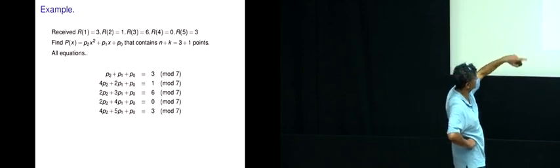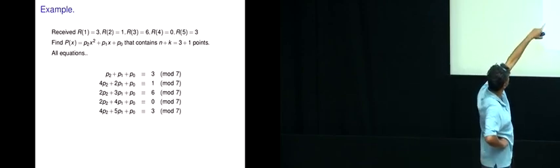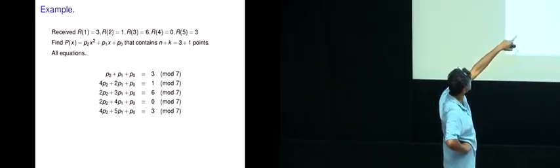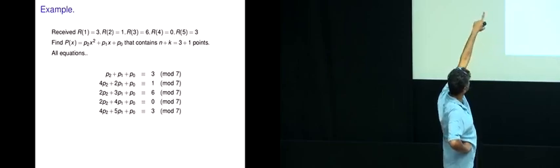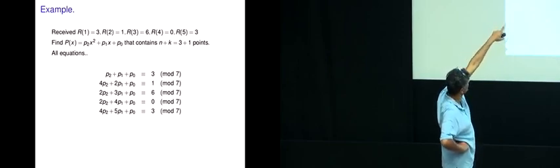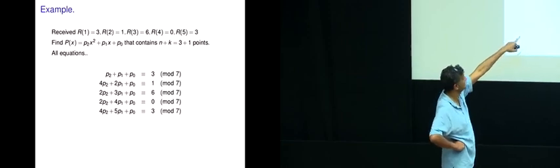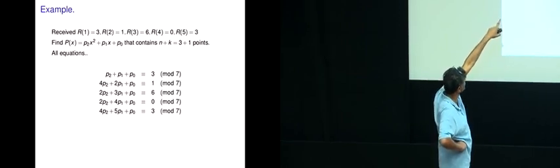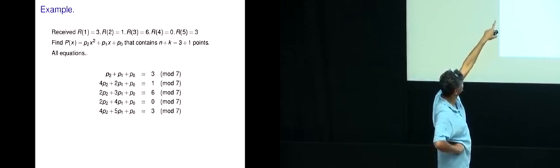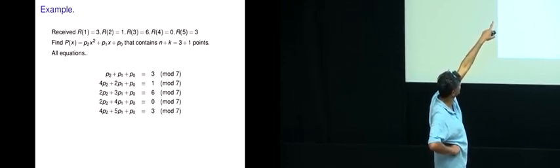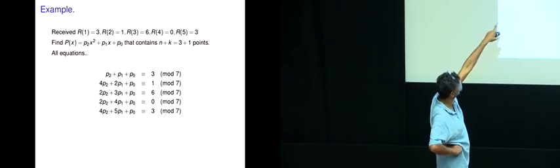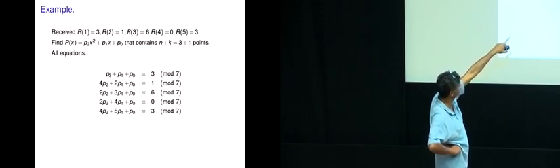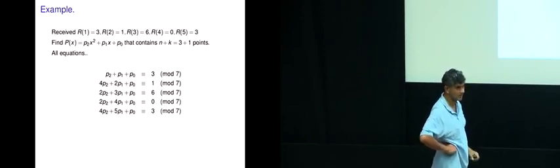First of all, let me just remind you how I got the equation. The first equation is I'm plugging in 1 into this p of x, and what comes out is p2 plus p1 plus p0. The second equation, I'm plugging in 2 into p of x, and I get p2 times 2 squared, which is 4, p1 times 2, so I get 2p1, and so on.